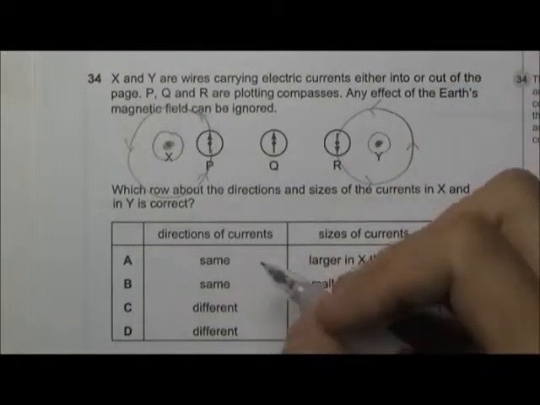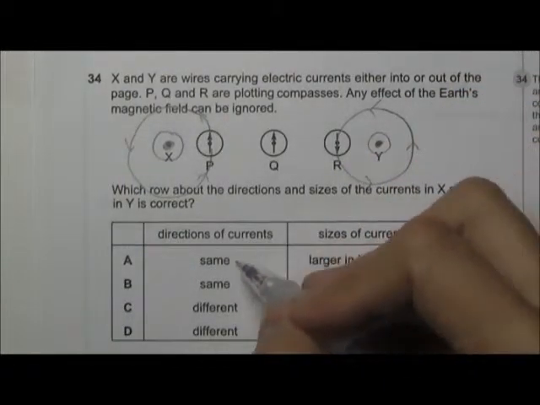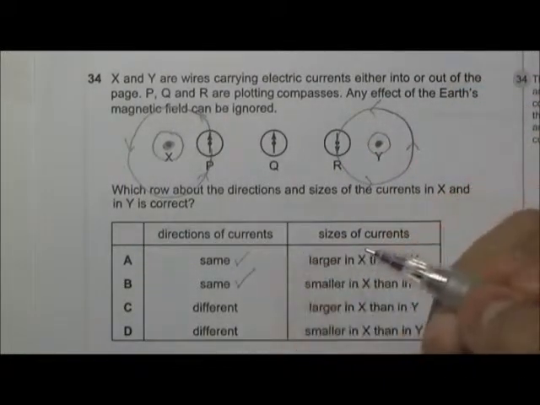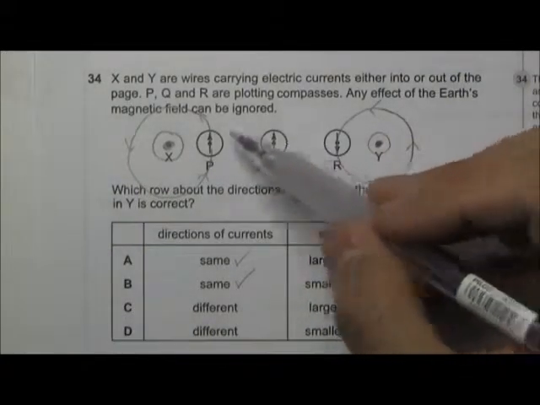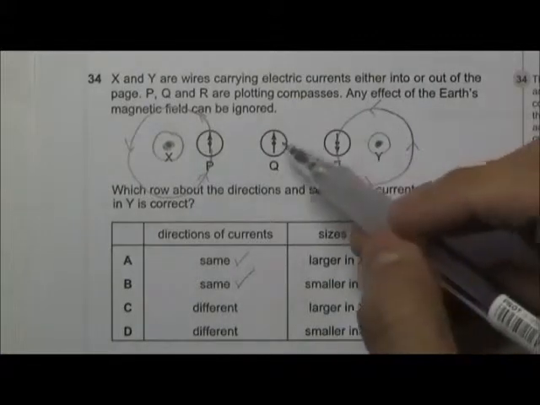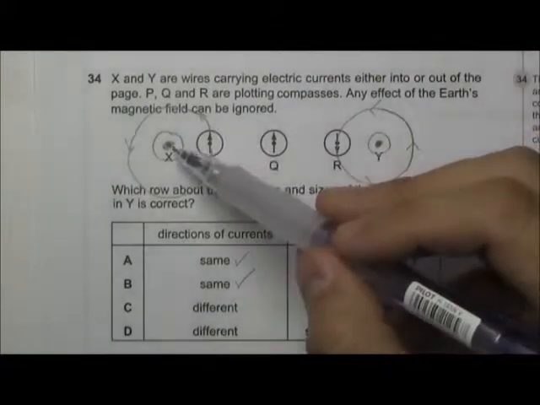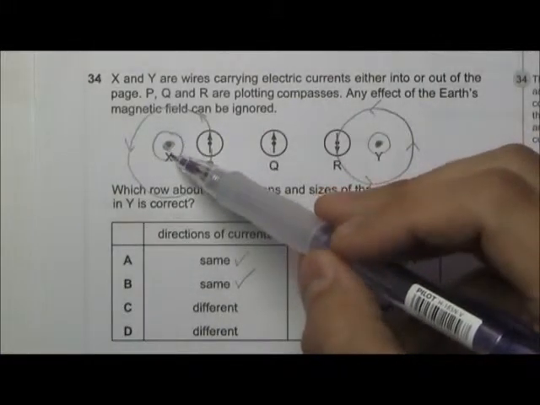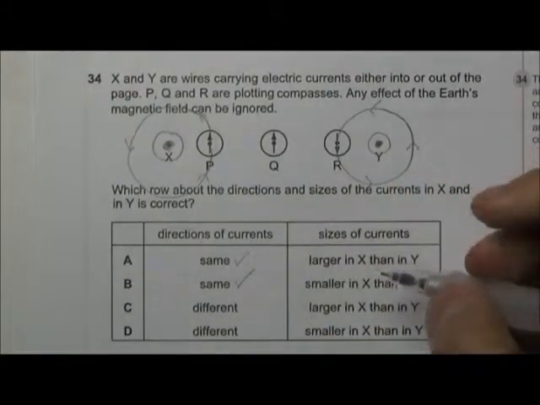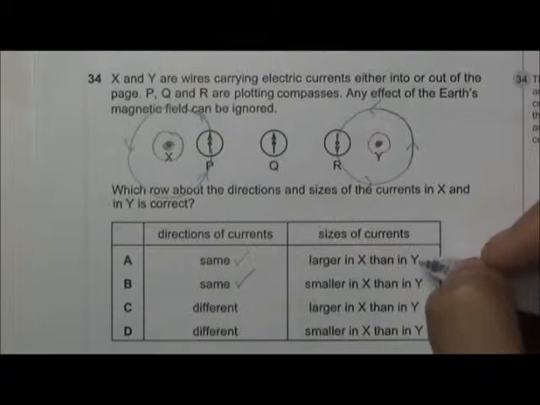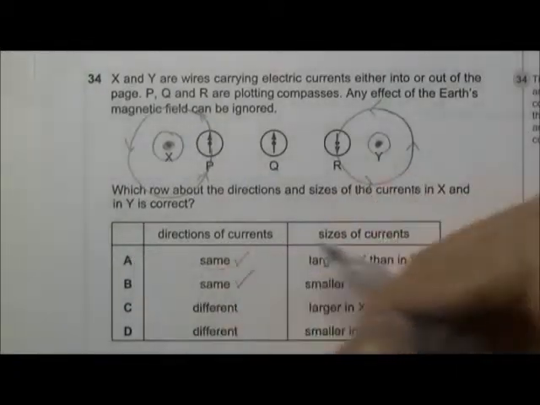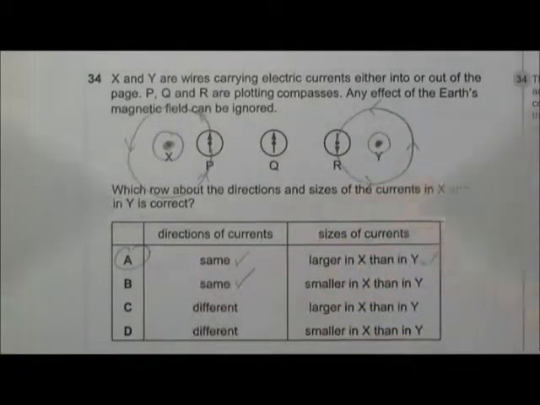So with this, we can say that the direction of the current is the same. And since we have a compass that is placed right in between the two wires and it is being affected by the current in wire X, we can conclude that the current flowing in wire X is larger than that in wire Y. So the answer is A.